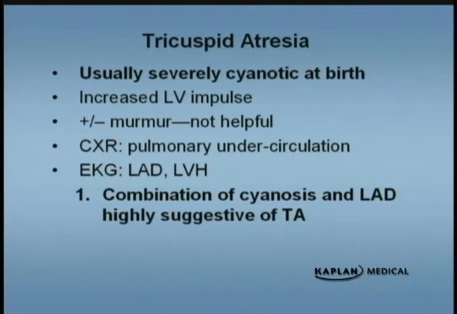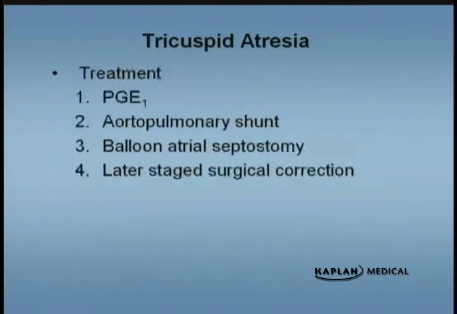That means that the blood is shunting to the left side of the heart. The treatment initially is to use prostaglandins to our advantage. We talked about indomethacin being a prostaglandin inhibitor and closing the ductus, where here we use prostaglandins to our advantage to keep the ductus open so at least there's some communication so that the blood can get to the lungs. And then the patient will need surgery, and usually it's a couple of surgeries that need to be done.